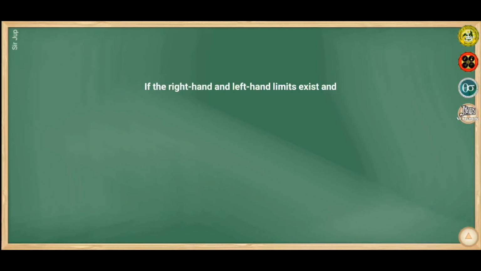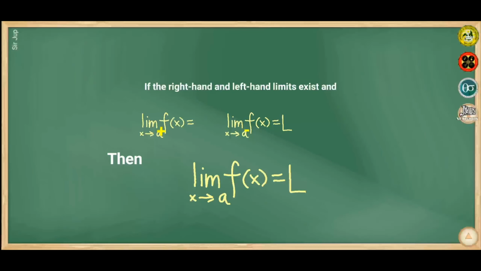If nag-exist ang right-hand limit and yung left-hand limit and equal sila, that is, limit of f of x as x approaches to a from the right is equal to limit of f of x as x approaches to a from the left, and both are equal to L, we can conclude that the limit of f of x as x approaches a equals L. Kapag wala na yung plus and minus sign sa gilid ng a, ang tawag dyan ay two-sided limit.